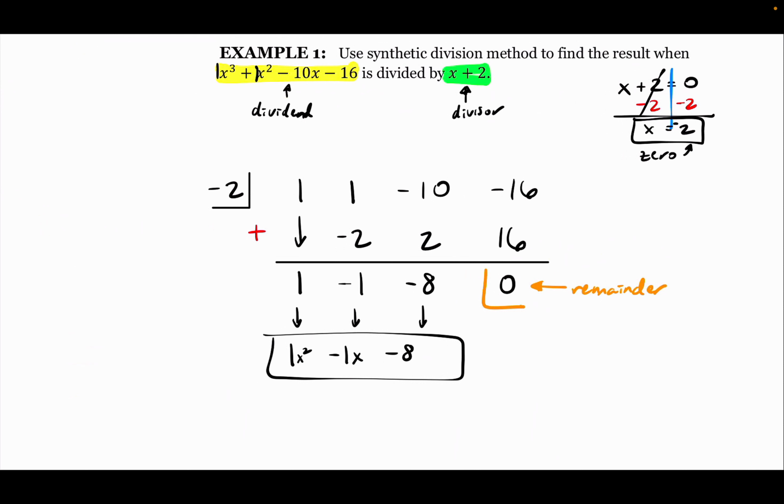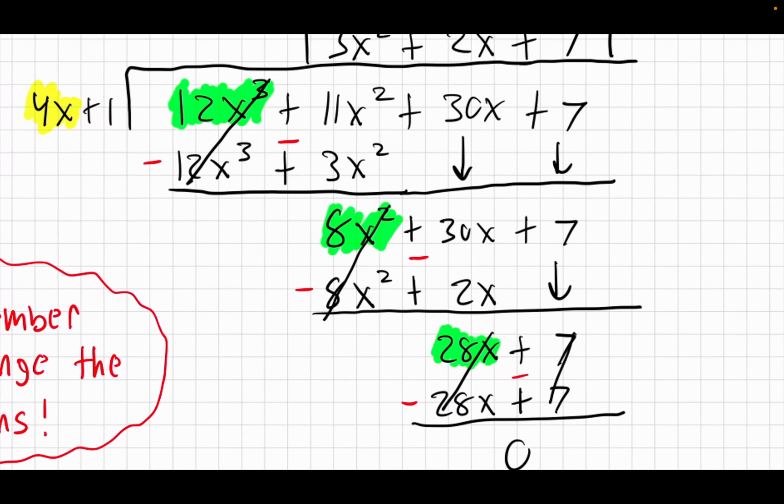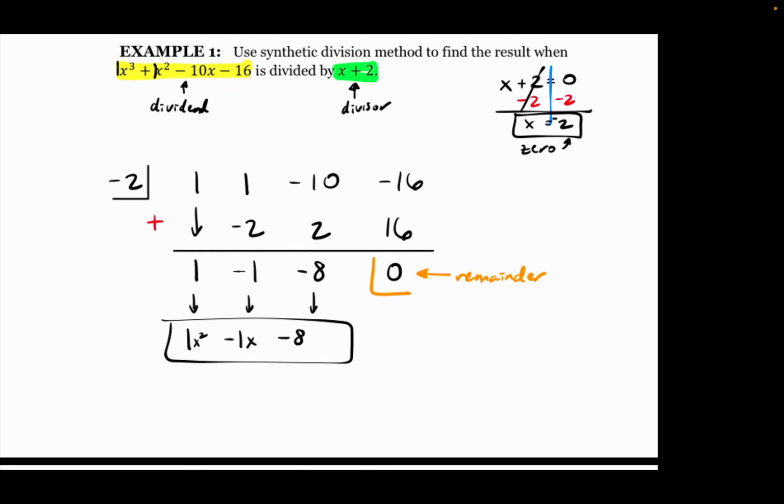That's why they created synthetic division, because someone figured there has to be a different way. Long division's great, but I don't want to do it for every single problem.